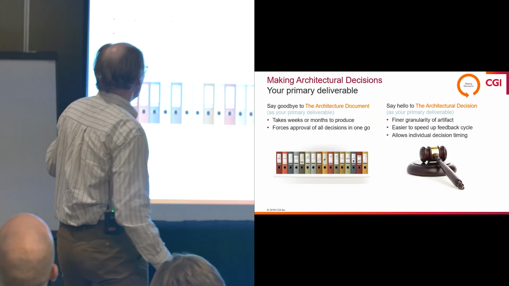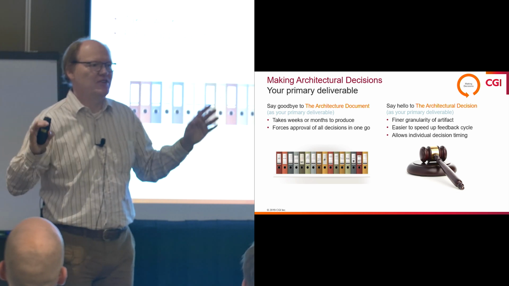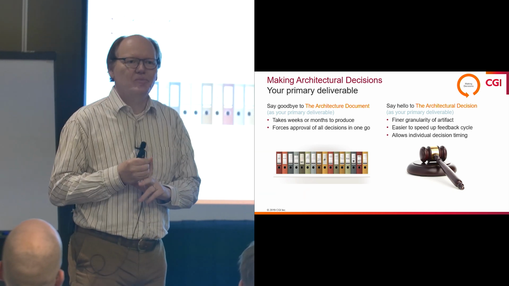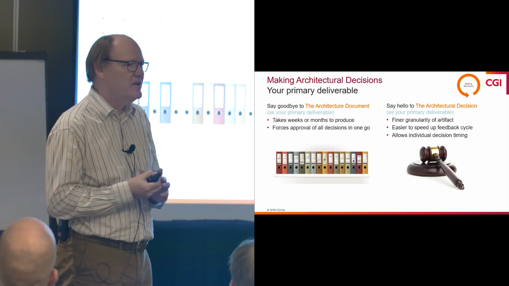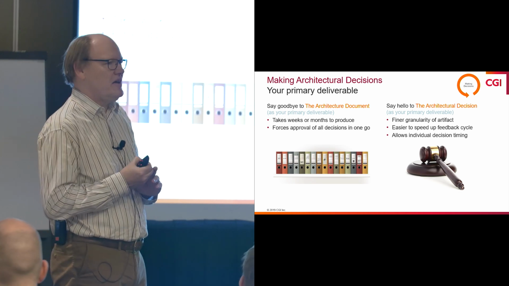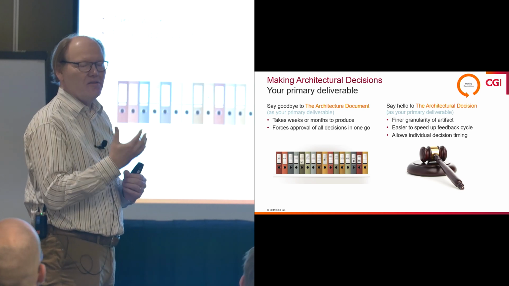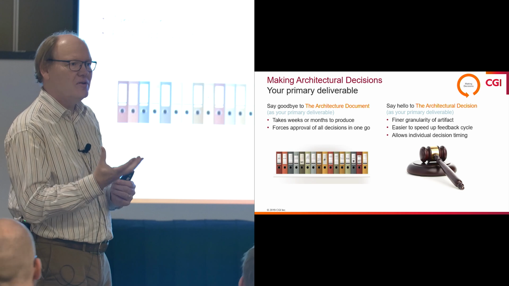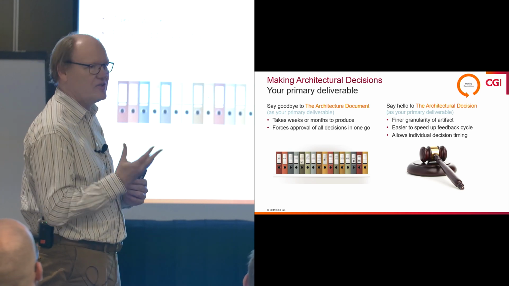But yes, the architecture document, capital A, capital D, is not your primary deliverable as an architect. It is sometimes needed, it's very often needed, but your primary deliverable should be your architectural decisions, because they are a more fine-grained level of granularity of deliverable.